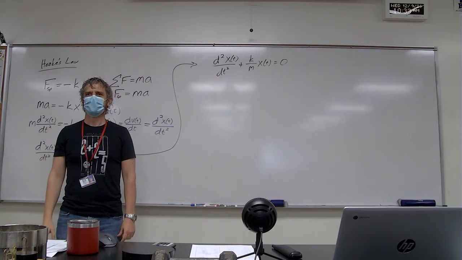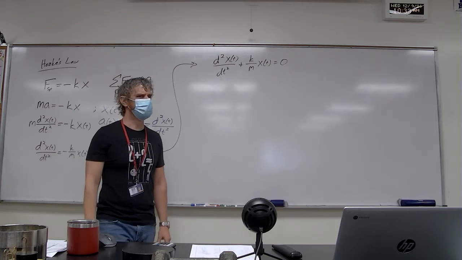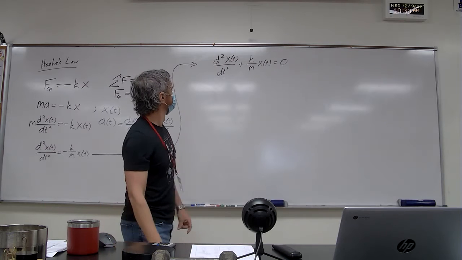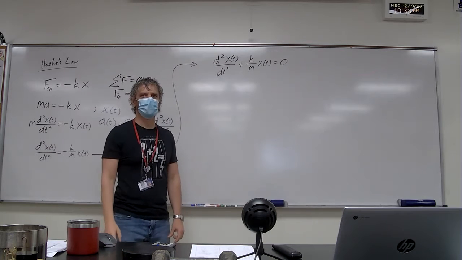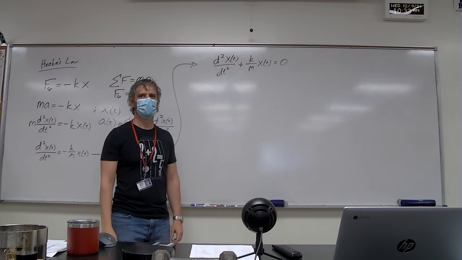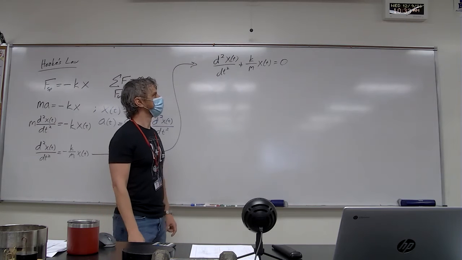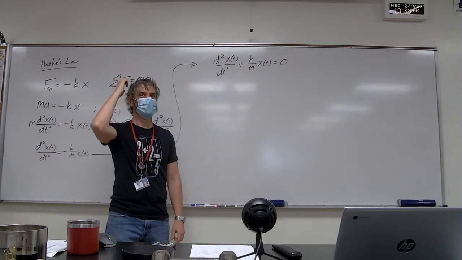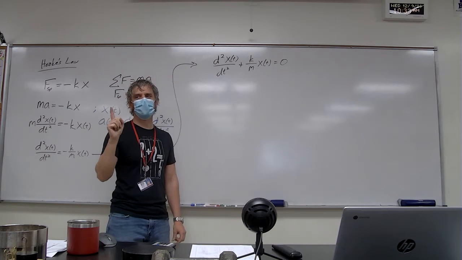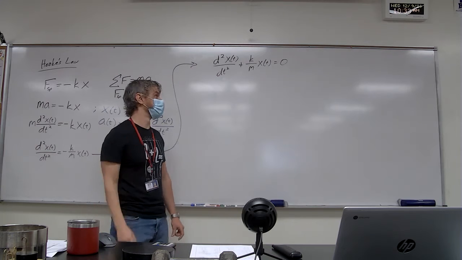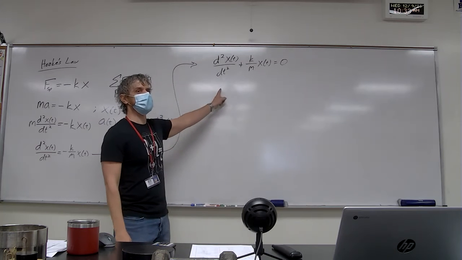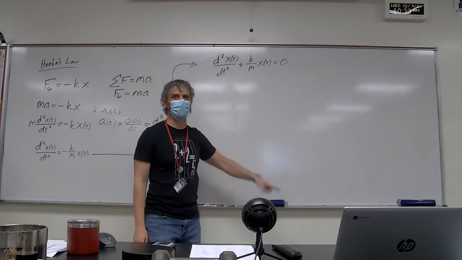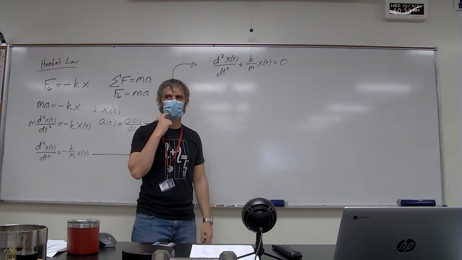Well, it would just be equals a constant, right? No. Is it a natural log or something like that? Not natural logs. There's a type of function that we deal with a lot, that you've dealt with a lot in your math class, where its second derivative added to itself will give you 0.